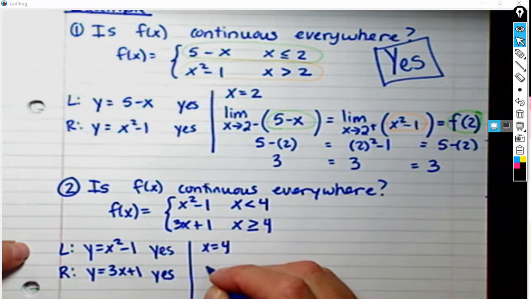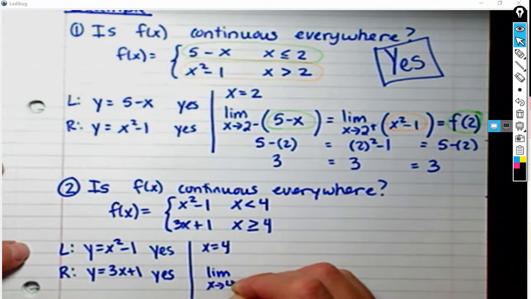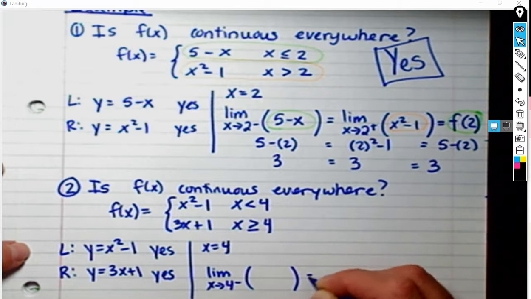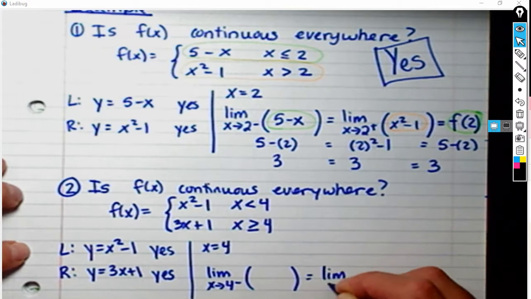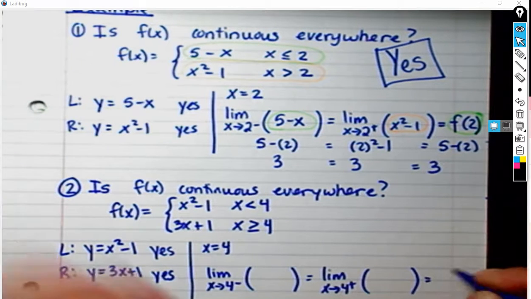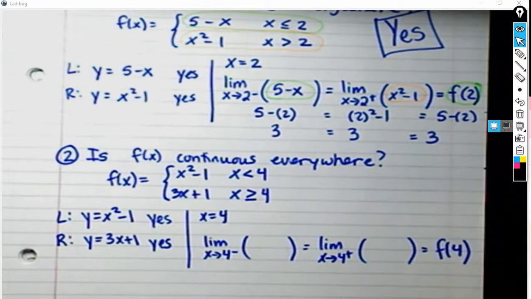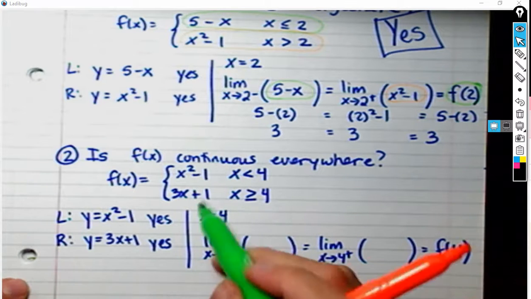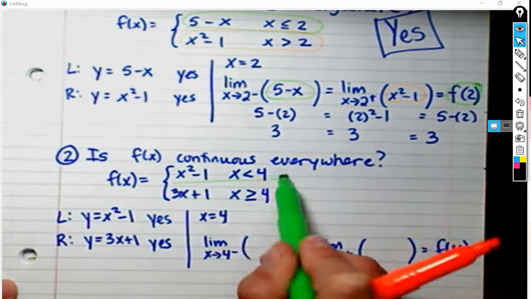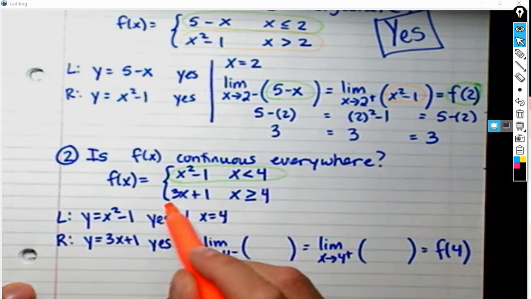The limit as x approaches 4 from the left, the limit as x approaches 4 from the right, and f of 4. That's the setup. Now you go and you pick green, orange. So we've got green. We got orange.